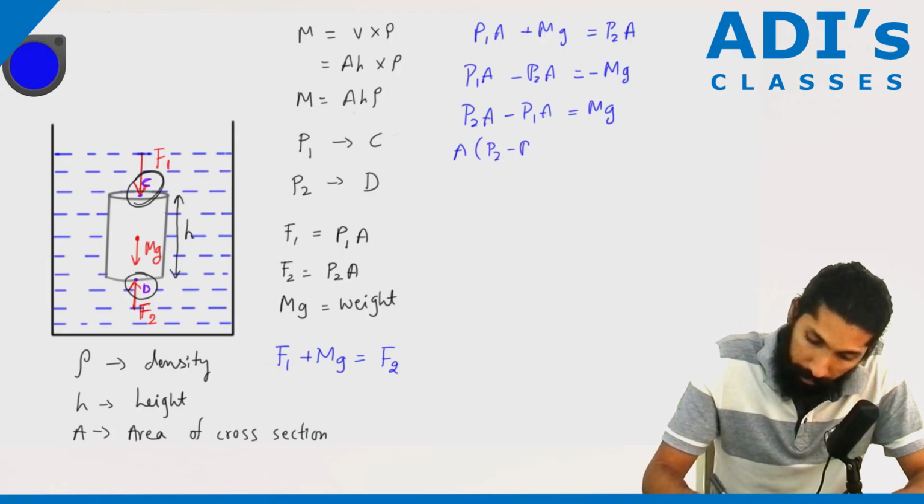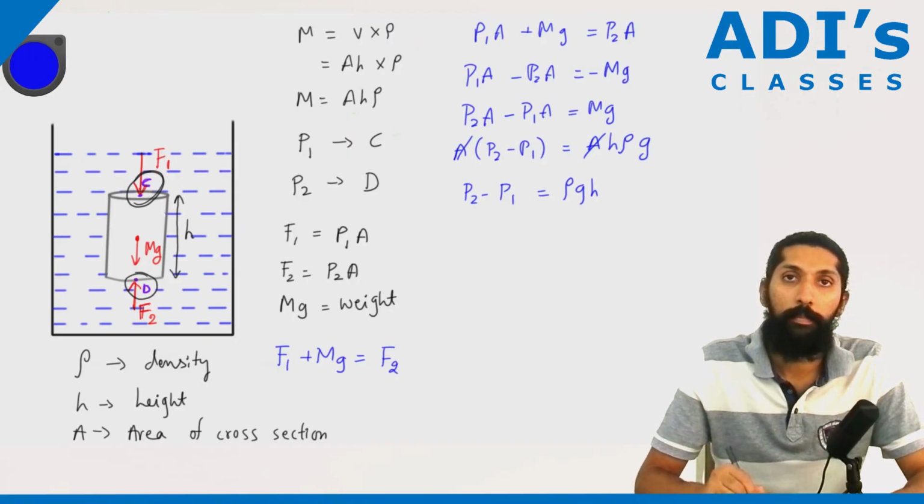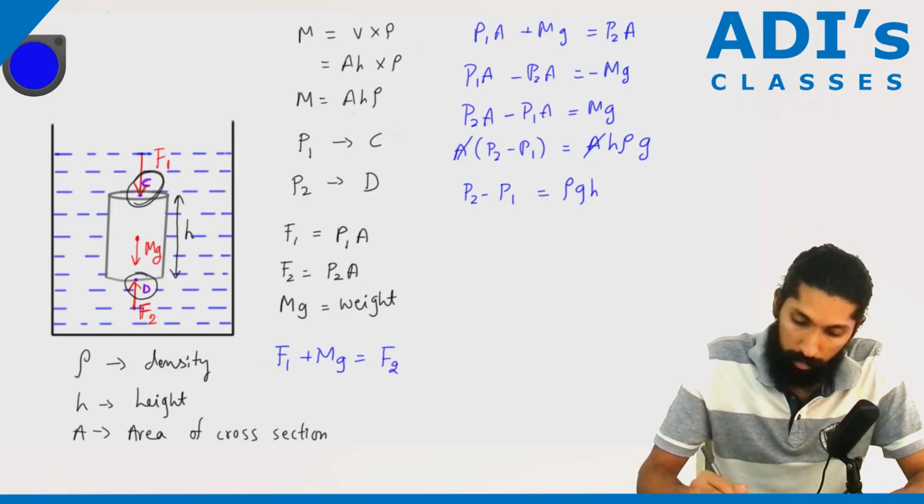So A into (P2 minus P1) is equal to A h rho into g. Now A and A cancel. You get P2 minus P1 is equal to rho g h. Correct? P2 minus P1 is equal to rho g h.